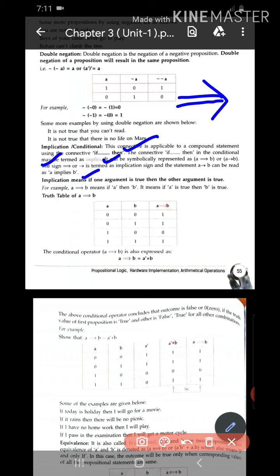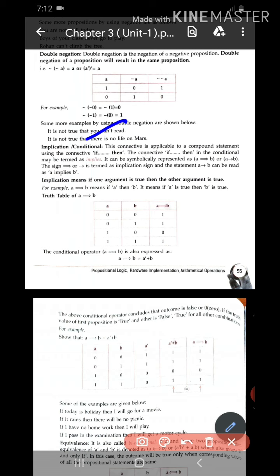These are connectives. We can combine two statements together by using this connective. This connective is if then. If this, then this. These are connectives. And we are having a formula for that, because this symbol never provides us a conclusion if we are having some truth table.